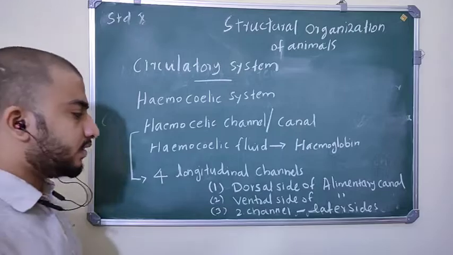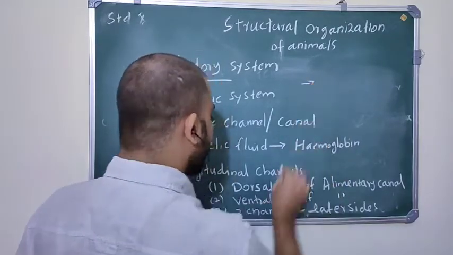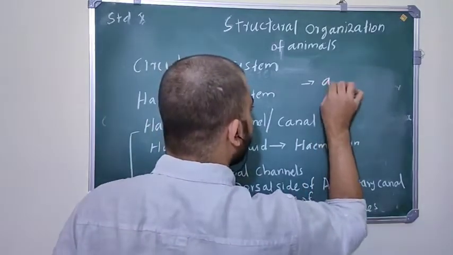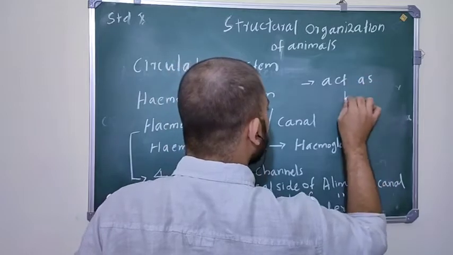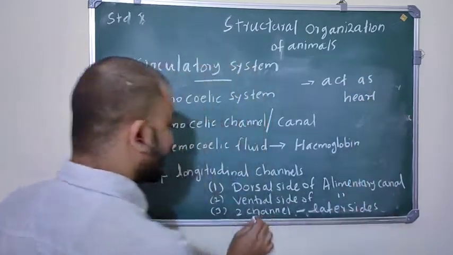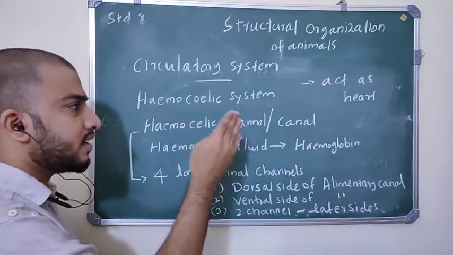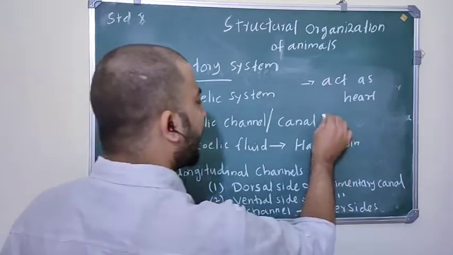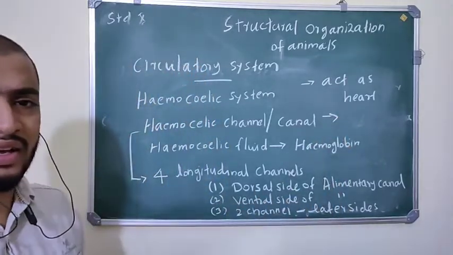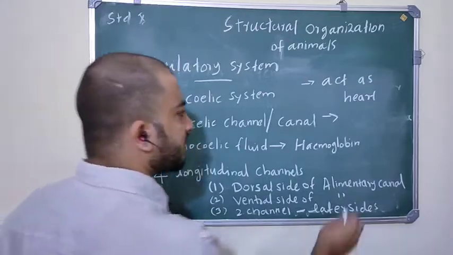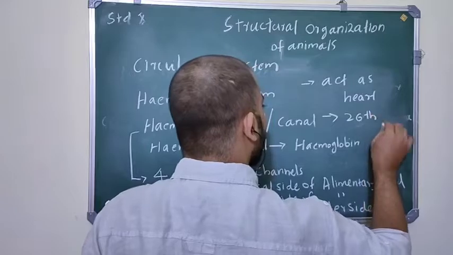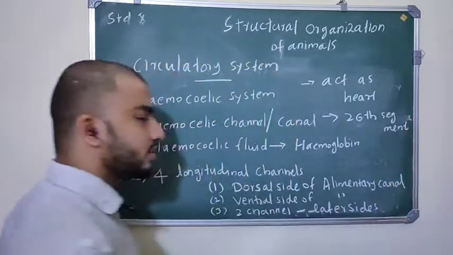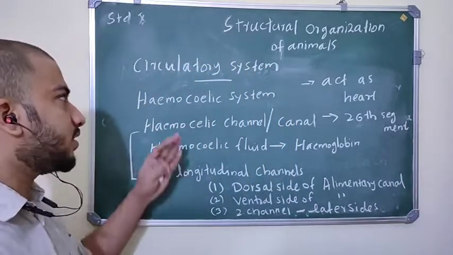The 2 channels on either side act as the heart, and this heart also contains inner valves. And all these 4 channels are connected in the 26th segment. Okay, so this is about the circulatory system.